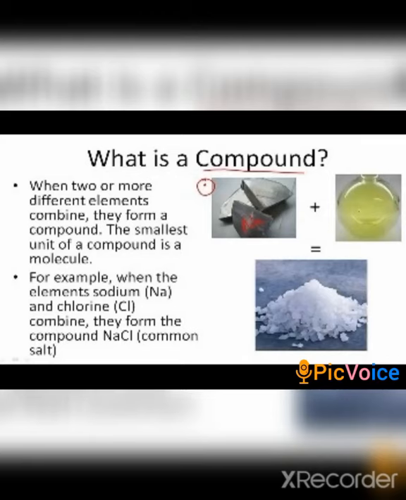Compounds are generally separate from the mixtures. Generally, compounds are formed when two elements combine with each other. The smallest unit of a compound is molecule. Common example of a compound is when sodium is being mixed with chlorine, it forms into a compound which is known as NaCl, which is the common salt.